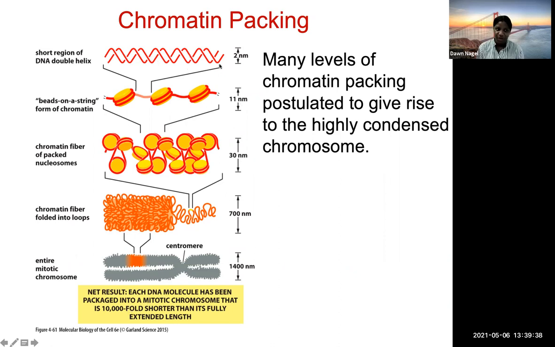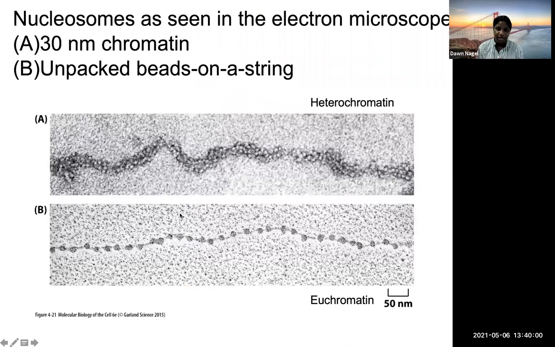So you're going from normal naked DNA, like we've been talking about when we draw the DNA double helix, but we know now that the DNA is really compacted with the help of these histone proteins and different higher order structures to get it to this really compacted state to go through mitosis. If you were to look under an electron microscope, you can see that these structures are actually what's happening.